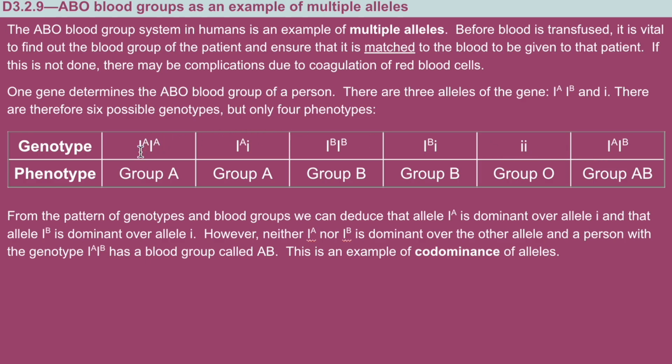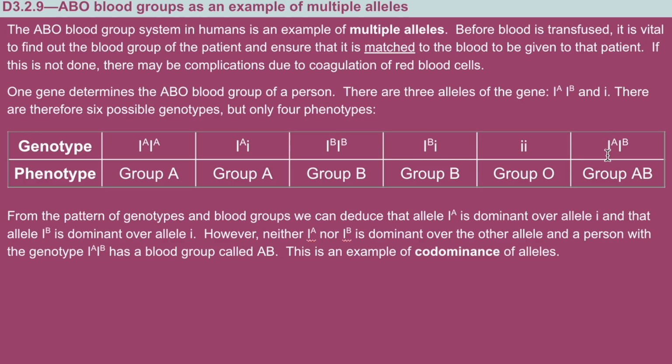3 alleles. If an individual gets 2 big IAs, they're going to be type A blood. Same if they get a big IA and a little i, because that's recessive, we're just going to have, again, type A blood. The same pattern happens for group B, big IB, group B, and then if there's a recessive allele, still group B. If the individual receives 2 recessive alleles, little i, we call that blood type O. And because this is a codominant system, we have 2 dominant alleles.